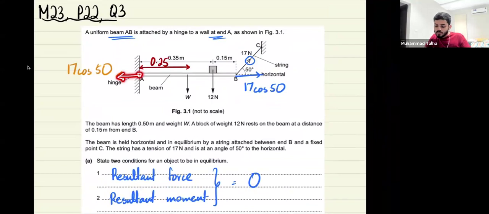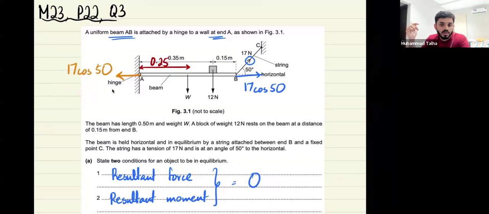So for resultant force being zero, leftwards and rightwards force must also be zero. If there is this 17 cos 50, which is pulling this beam to the right, there must be the 17 cos 50, the same magnitude, but towards the left to keep it in equilibrium. This is always how you have questions related to turning effects.